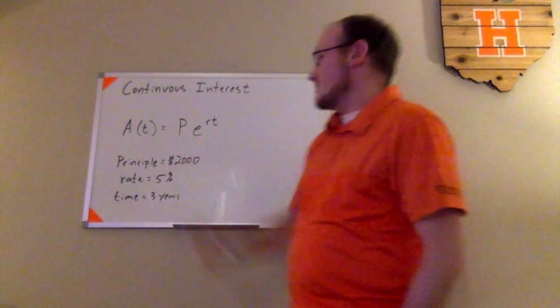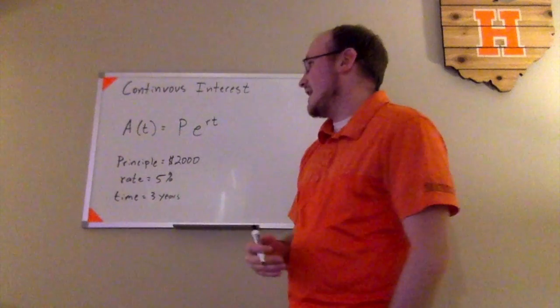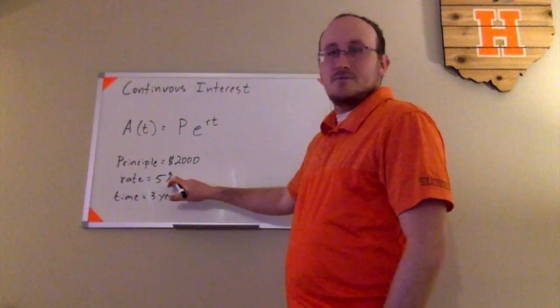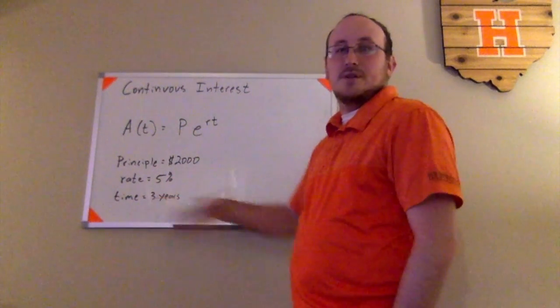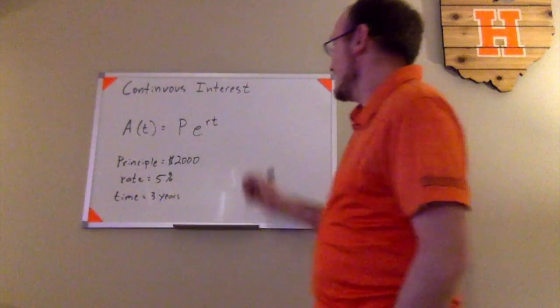So here in this particular problem, we're looking at trying to figure out the value of a given account that had $2,000 invested in it, an interest rate of 5% over a time of 3 years, where the interest is being compounded continuously. So we're just going to go ahead and plug into this formula.